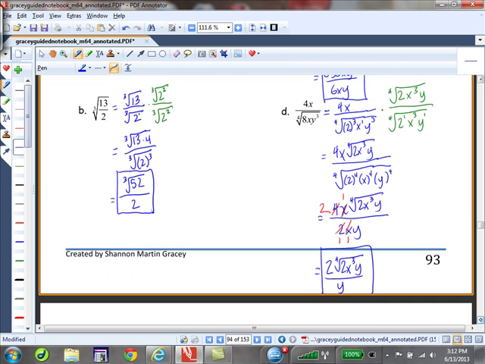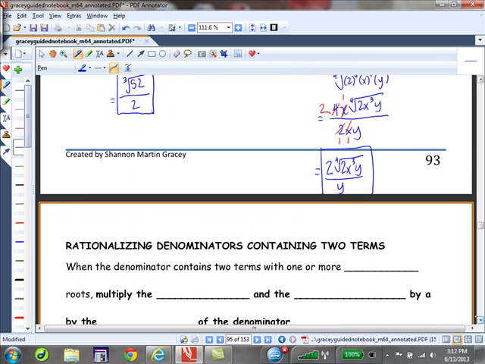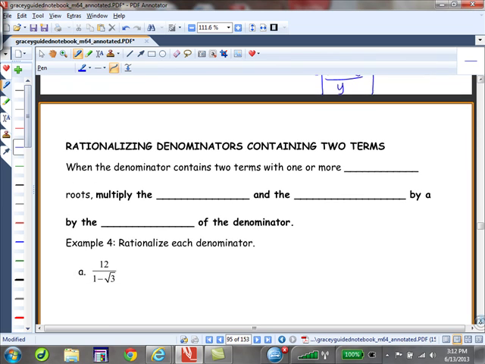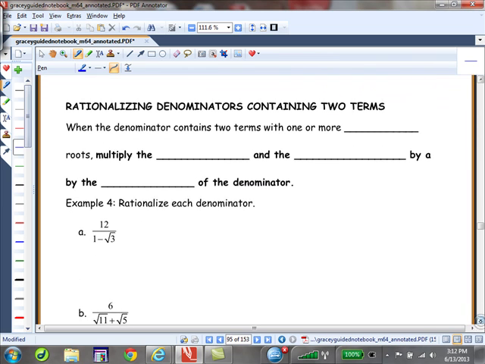Okay, so next up, rationalizing denominators containing 2 terms.